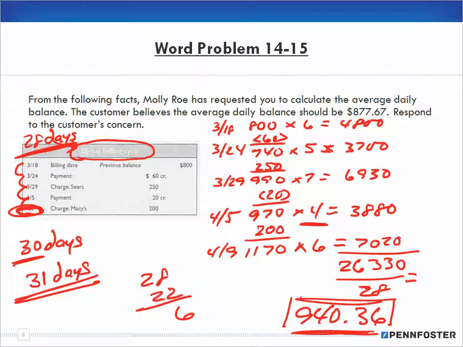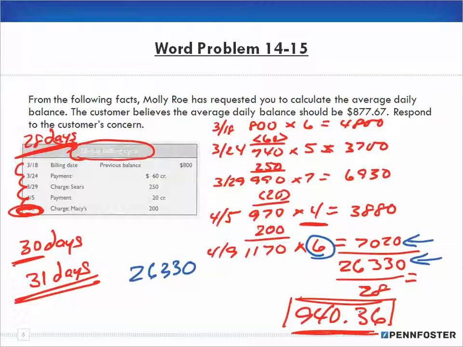Just as a quick aside, what if you were the student who got to 26,330 but wasn't paying attention? You came up with 6 days right here. If you said there are 30 days in the billing cycle, then obviously this would not be 7,020 and this would not be 26,330.